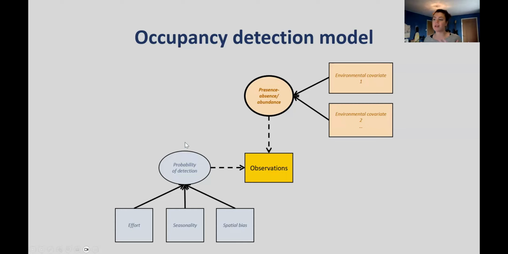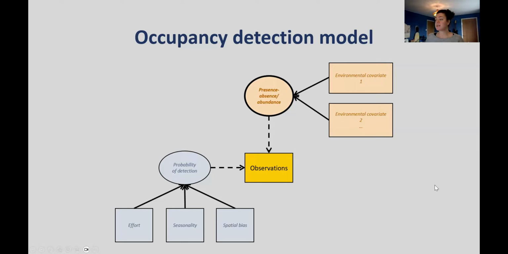So this means that in this submodel, we can include a lot of variables that might explain some of the biases in the observation process. For example, a proxy variable for effort, or some term that explains spatial bias, as well as things such as seasonality, for example. So this model is what we apply to a lot of the datasets, particularly the unstructured data.